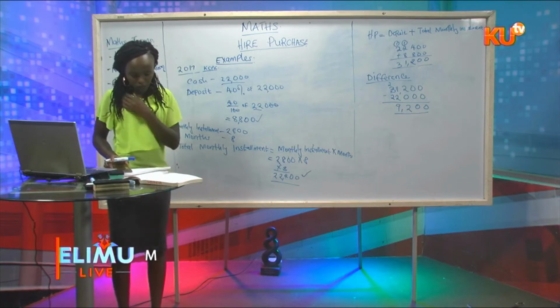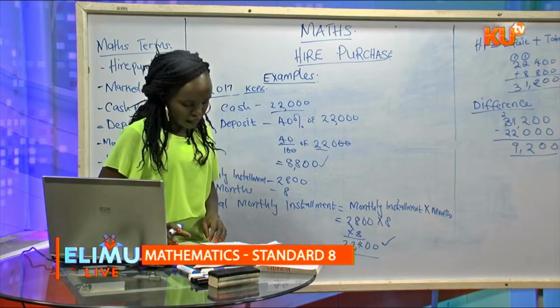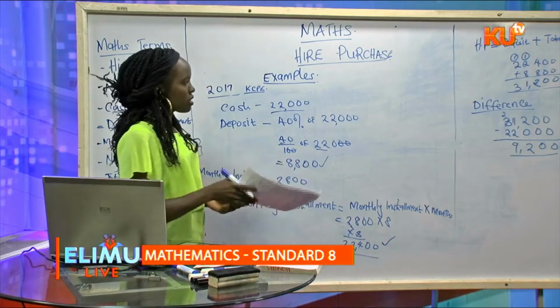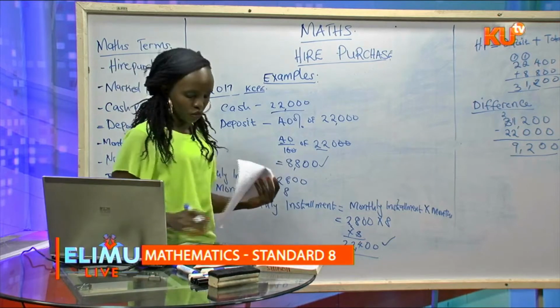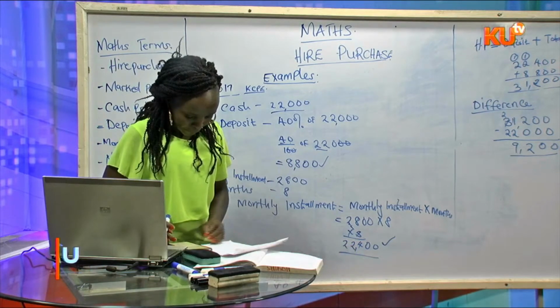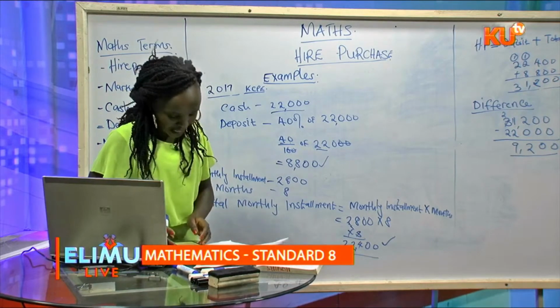Now, for the KCPE questions, if you go through them, you're going to note that most of the time, whatever they test is very simple. We can always be able to get it. Now, I want to give you an assignment.